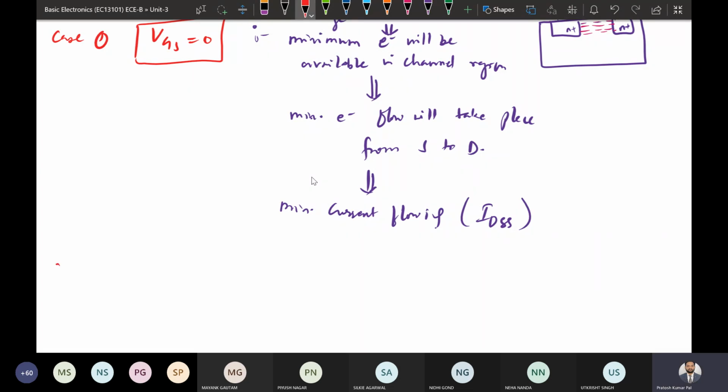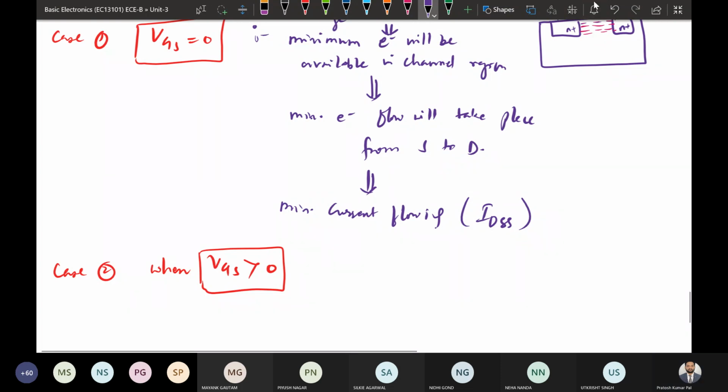The next is case 2, when VGS is greater than 0. So we are applying VGS greater than 0. When we apply the gate to source voltage with a positive voltage, negatively charged ions will be created in this channel region.